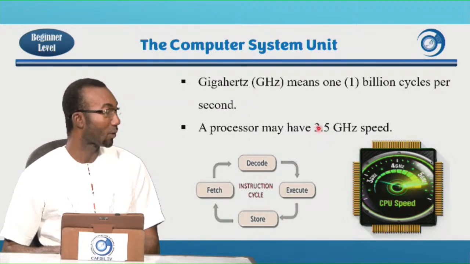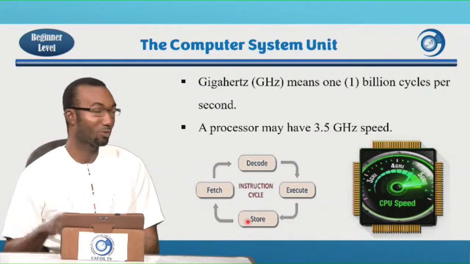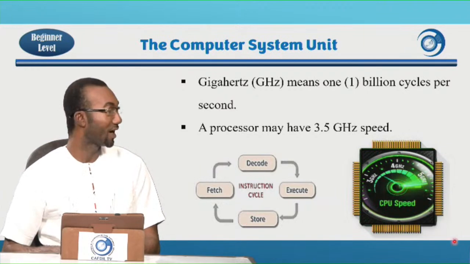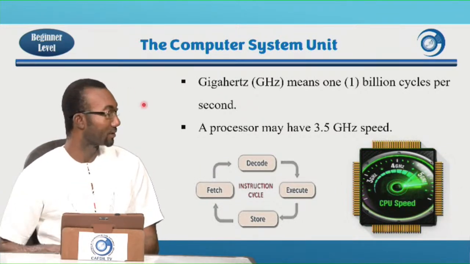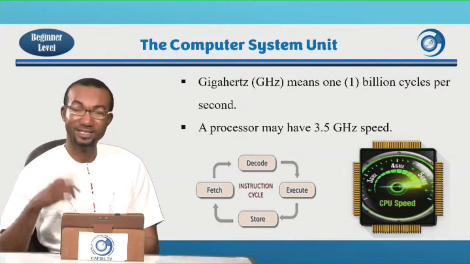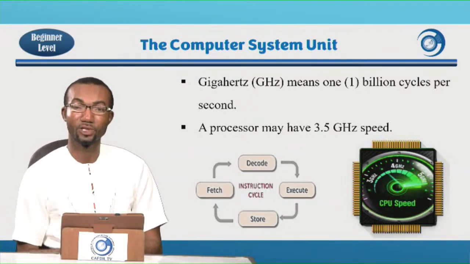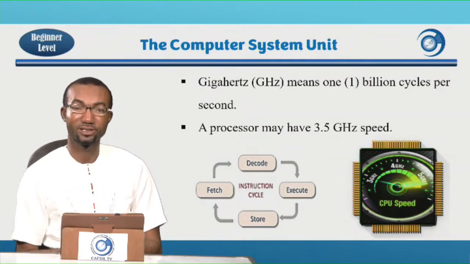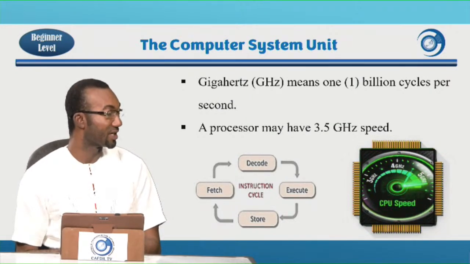So if you have 1.5, then it means that it can go through this cycle 1.5 billion times in a second. If you have 2.5, then it will go through this cycle 2.5 billion times in a second. So the more gigahertz that you have, the more speed your processor works. So that is the meaning of the speed of a processor.